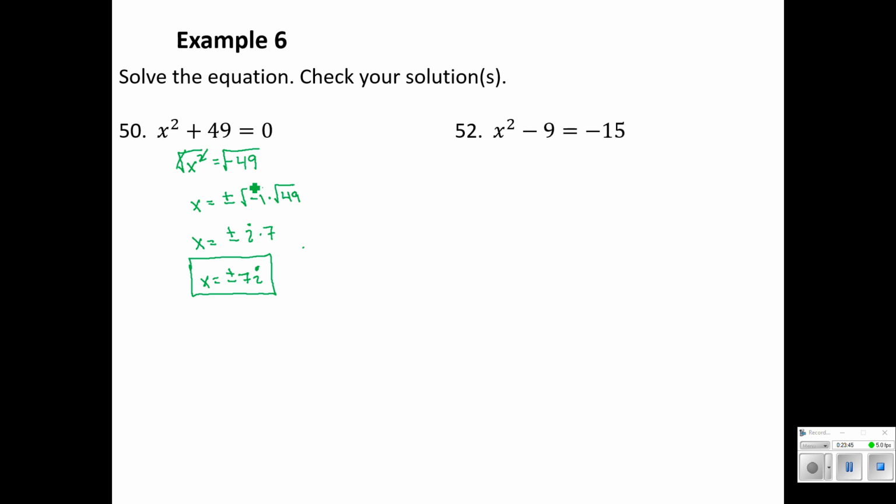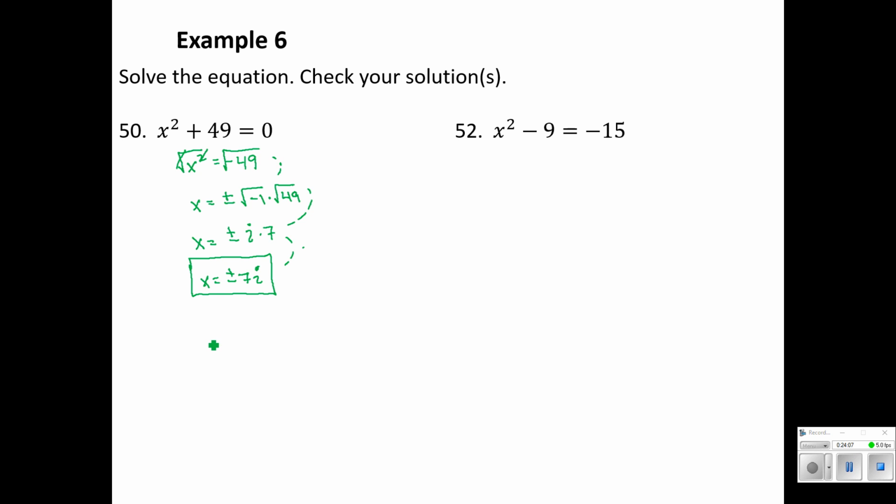Now you don't have to go through all of these steps. This is just to illustrate the thought process that should be occurring in your head. But I know right away that many of you will be able to set this up and come up with your solution pretty quickly. So don't feel like you have to show all those steps every single time.